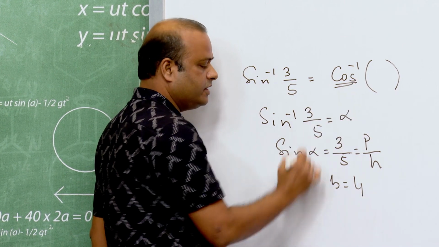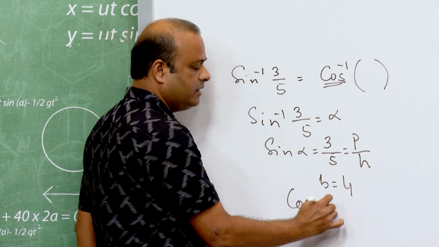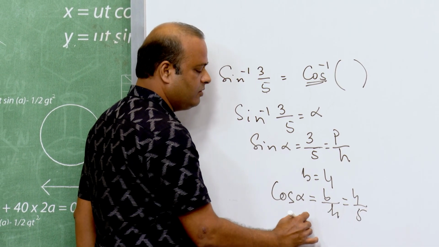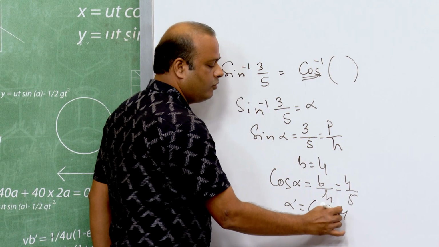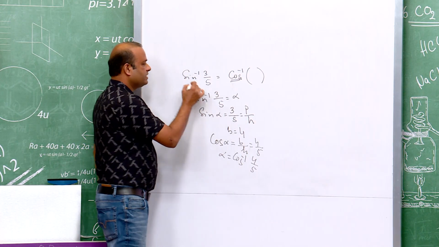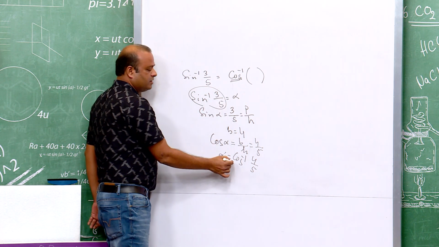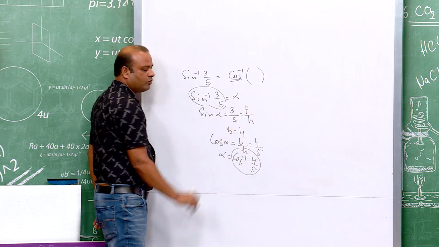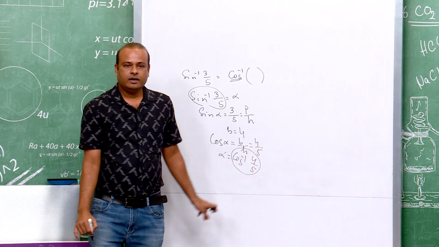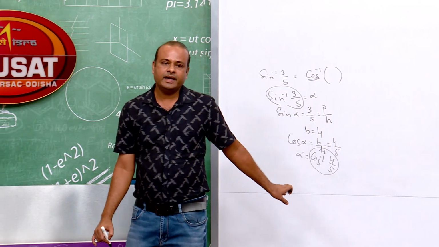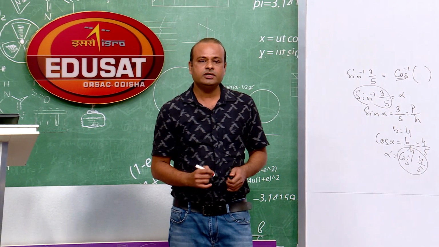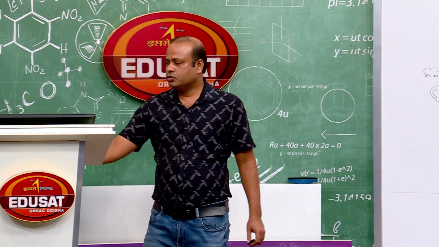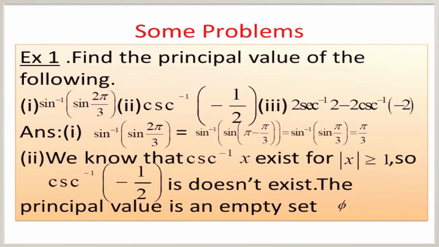You have to convert it into cos, and cos alpha is equal to b by h, that is 4 by 5, and alpha is equal to cos inverse 4 by 5. So this one is your alpha, again this one is your alpha. So sin inverse 3 by 5, you can write as cos inverse 4 by 5, or you can directly remember the formula sin inverse x is equal to cos inverse root over of 1 minus x square. So, here are some problems for you.